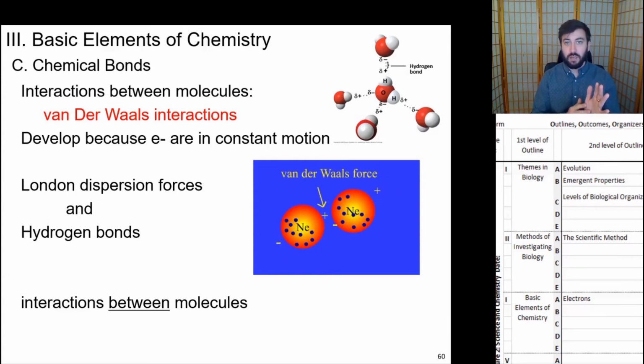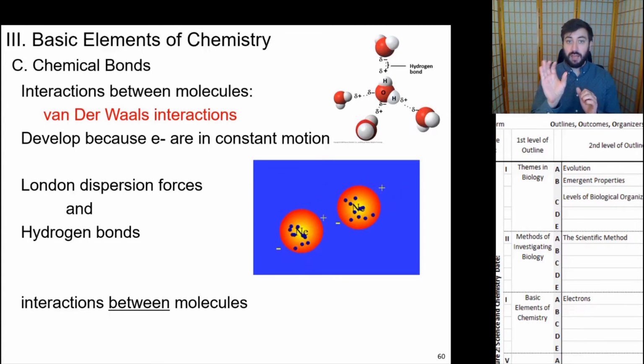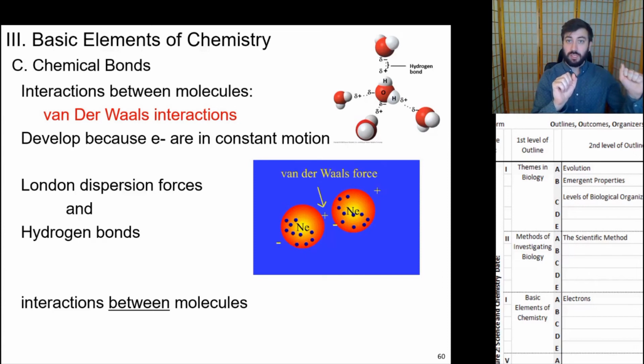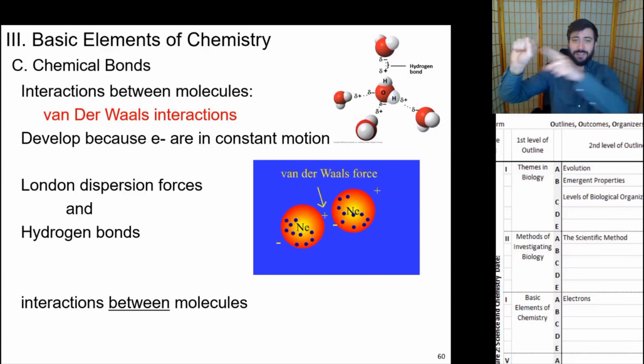This can result in a process where you have one portion of one molecule that is at times more likely to be positively or negatively charged, and a portion of another molecule that at times is more likely to be positively or negatively charged. Let's just make it simple. You have molecule A, and this side of molecule A is more likely to be positively charged.